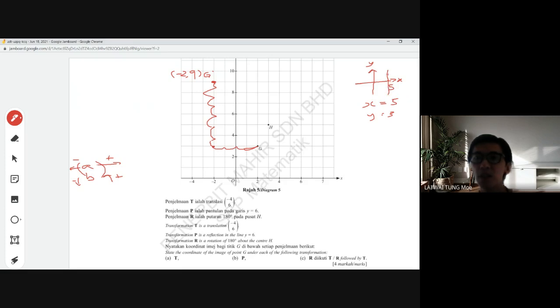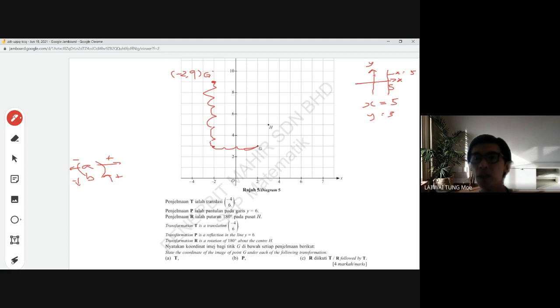So it's opposite to the axis. If the axis is horizontal, the straight line will be vertical. And if the axis is vertical, then the straight line for y should be a horizontal line.